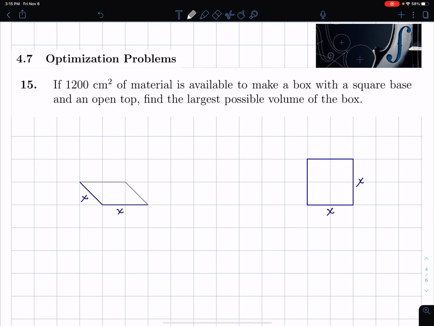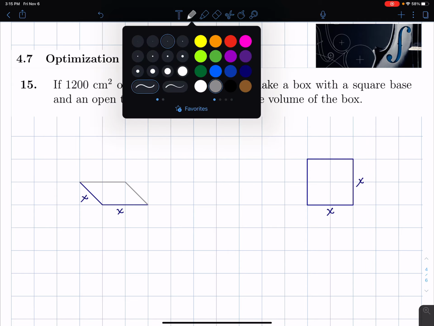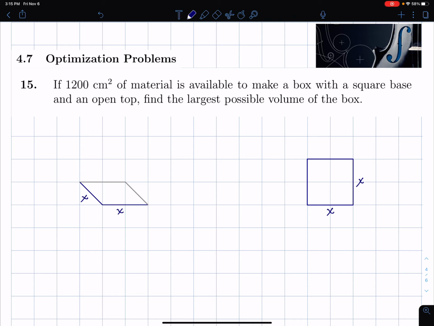Okay, and then that's the base, and then I'm going to look at the height, and the height doesn't have to be the same length as X, the side of our square. So I'm going to call that Y.